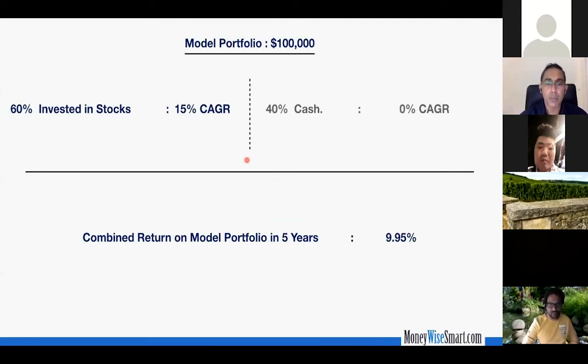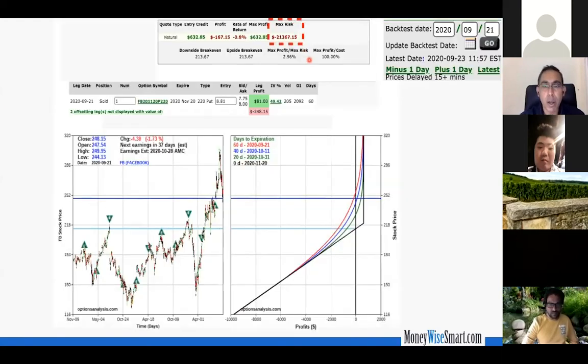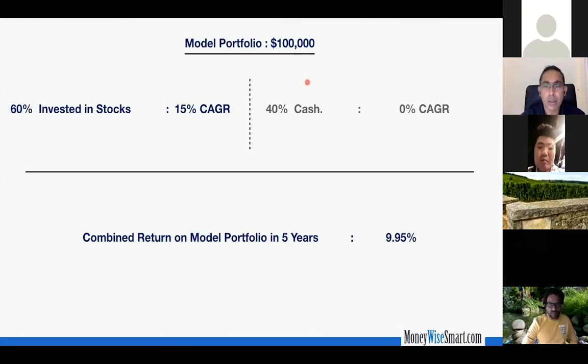Okay, now let's slightly digress and let's talk of a model portfolio. Let's say I have a total portfolio of $100,000, and 60% of that portfolio is invested in stocks which I really like, and everything is long term.